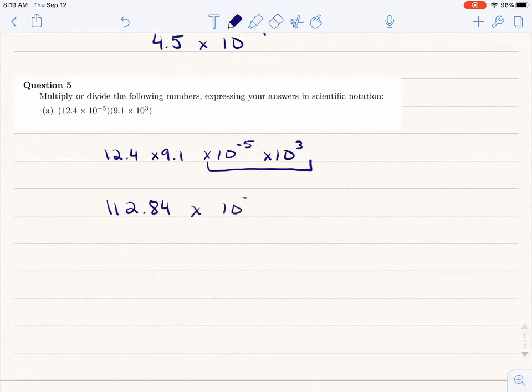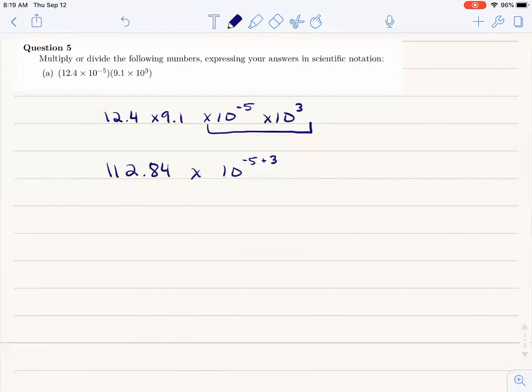And then times 10 to the negative 5, and then I'm just going to write plus 3, because I'm combining those powers of 10. So then I have 112.84 times 10 to the negative 2.